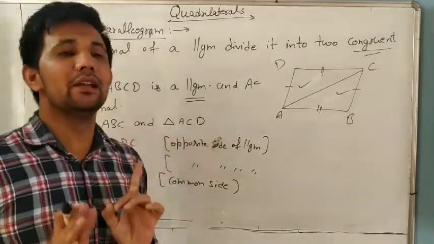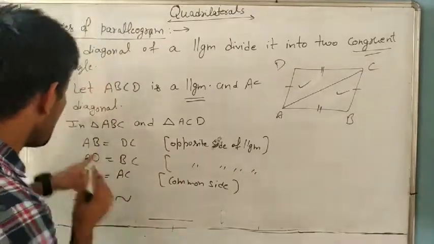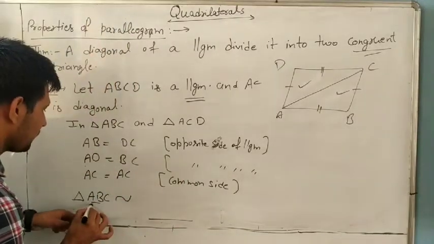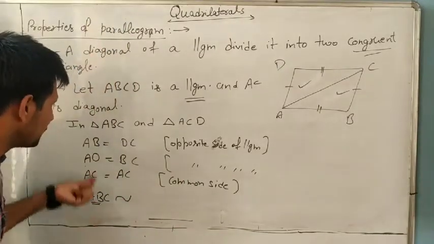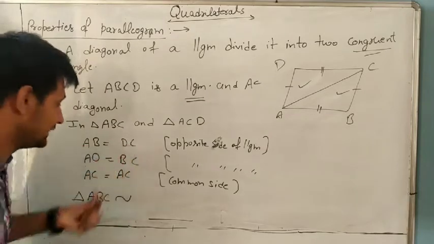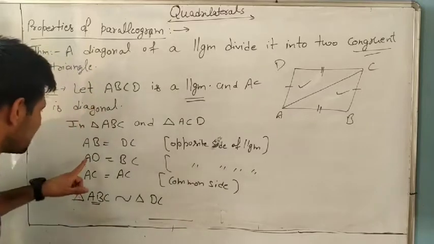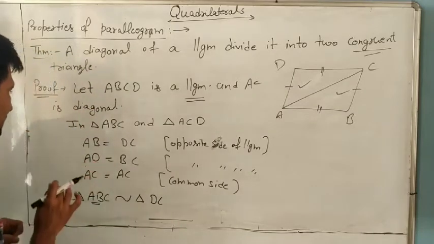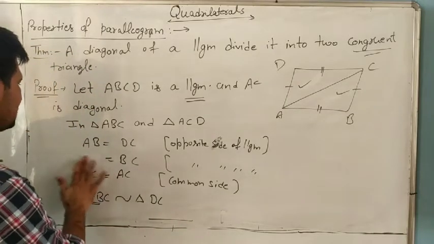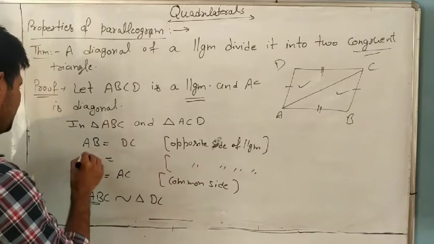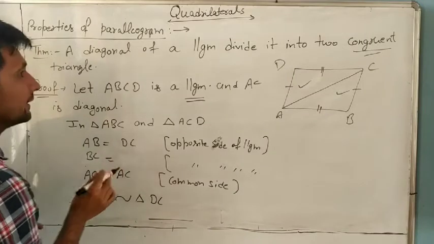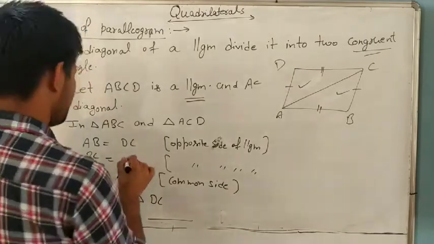Always we will write in order. AB first, AB equals which one? DC, so we have to write DC. Next, BC and AD.